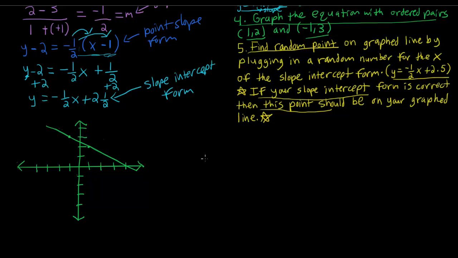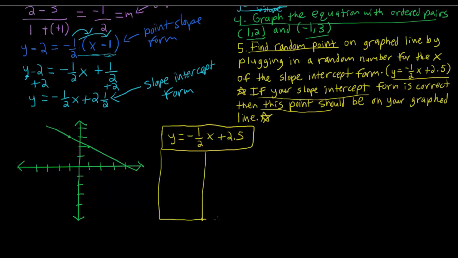So we just want to make a little chart using the slope-intercept form, y equals negative 1/2 x plus 2.5, and just make a little xy chart.